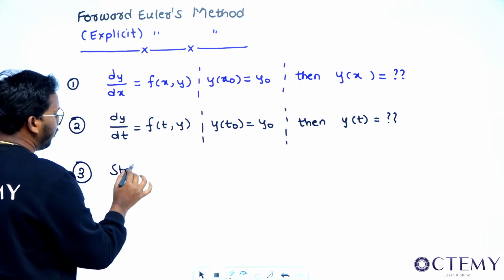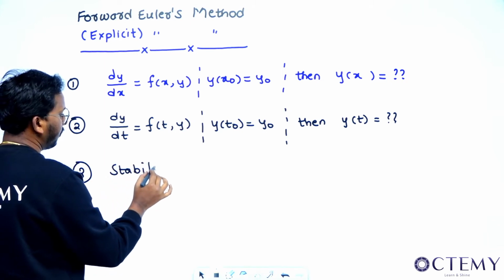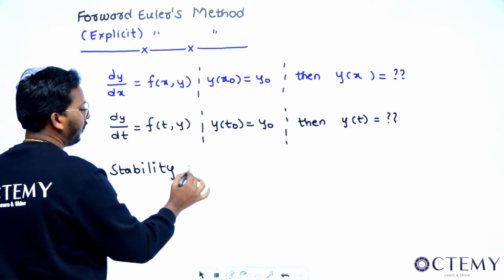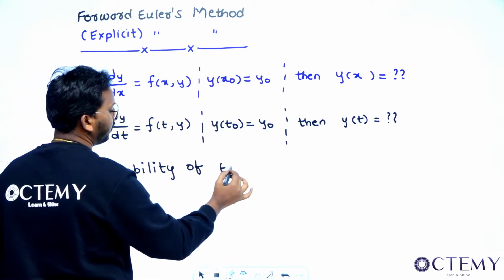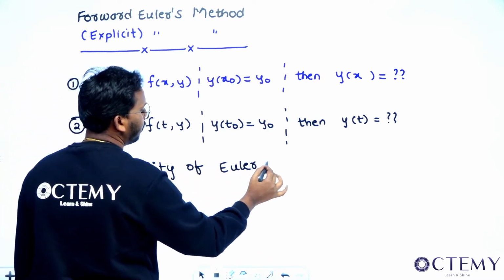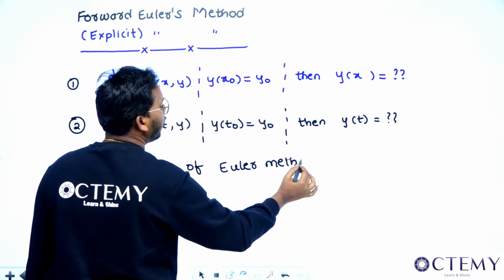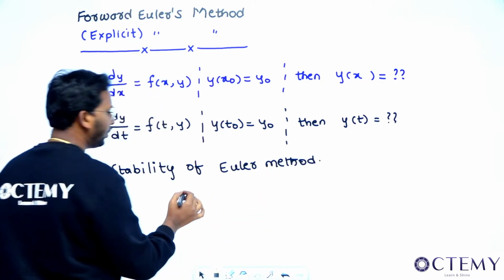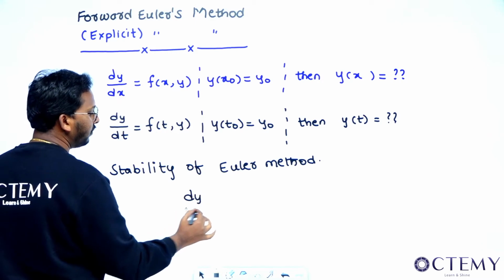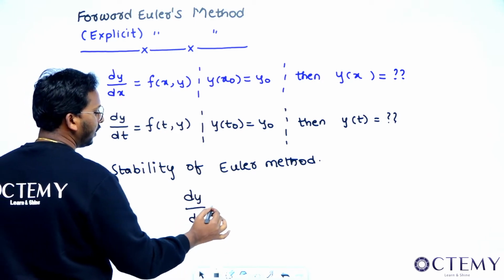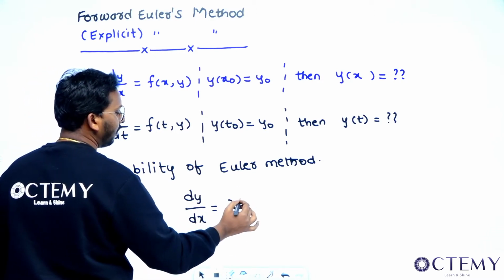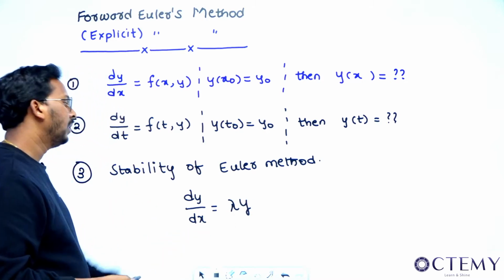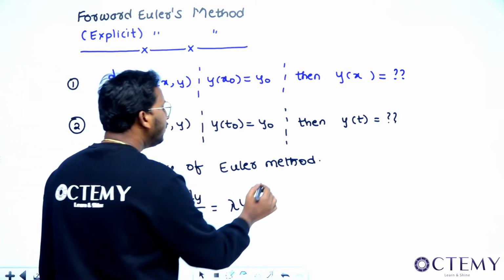They will ask stability of Euler method. And whenever they are asking stability, the question or the differential equation will be of this sort: dy by dx is equal to, say, lambda x or lambda y, right? Plus c can also be there.